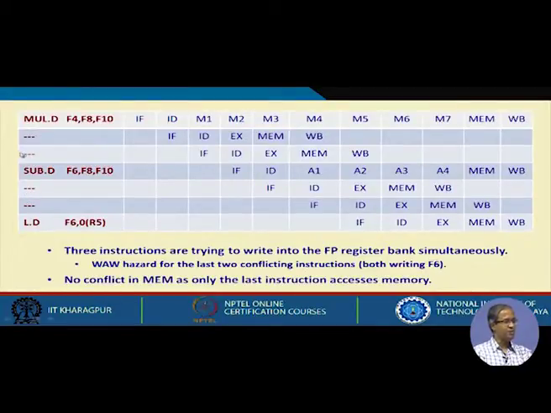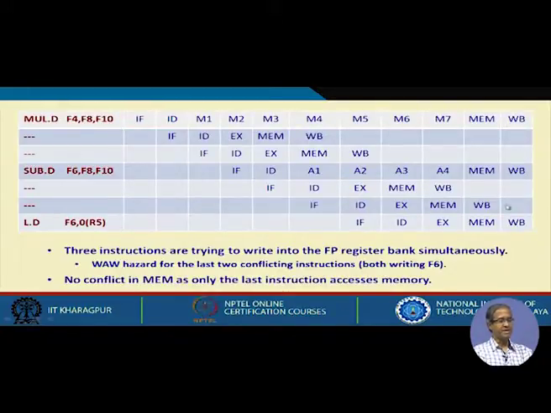I am not interested in what these independent instructions are, but the point is that they are all writing into some registers. Multiply will require 7 EX stages, subtract will require 4 EX stages, load will require 1. But interestingly, you see they all reach the WB stage together.